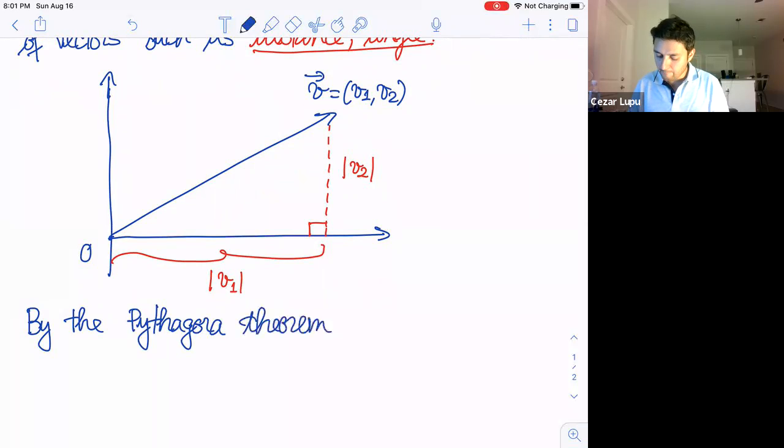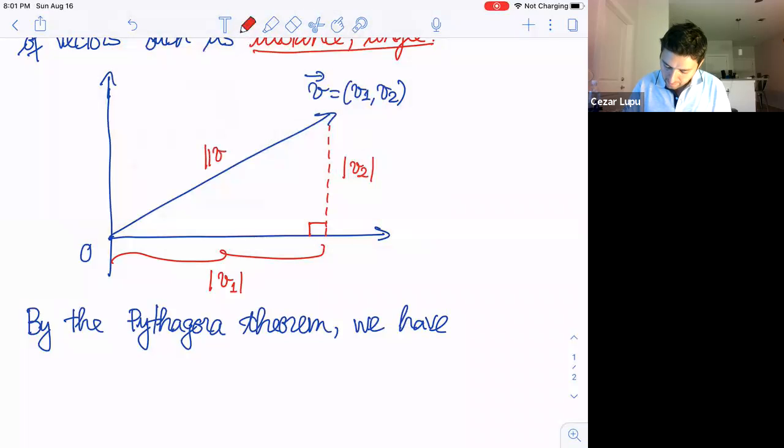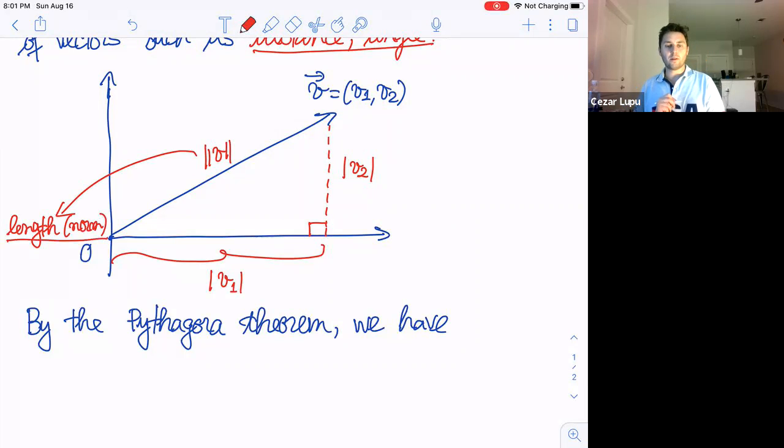Let's denote this guy here like this. This will be what we call the length or norm of v. Sometimes it's called the norm; it doesn't matter which way you call it.